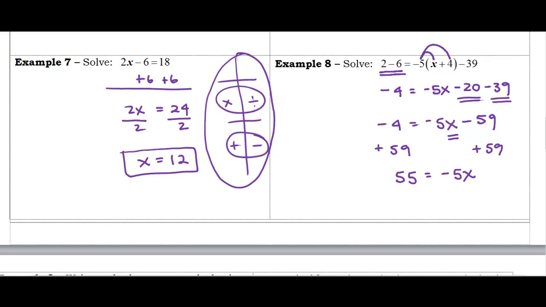I almost have the x isolated. Who do I need to get rid of? How is it attached? How do I undo it? Divide. Who do I divide? Okay. Right-hand side, I'll do that for you. It's x. Left-hand side, is it positive or negative? Negative what? Good job.